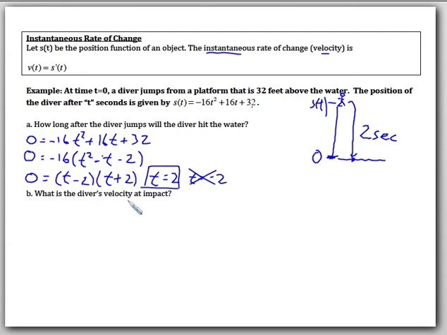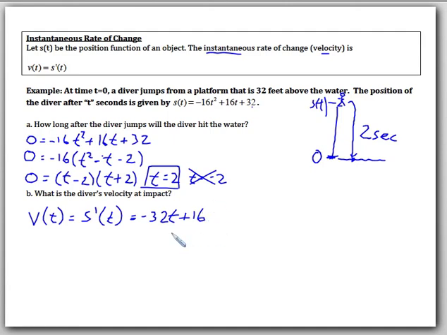So what is the diver's velocity at impact? We have to remember that the velocity at time t is the same as the derivative of the position at time t. So let's go ahead and find the derivative of this right up here. So we have 2 times negative 16, which is negative 32, and then t to the first, so t, and then here would be plus 16, and then plus 0.